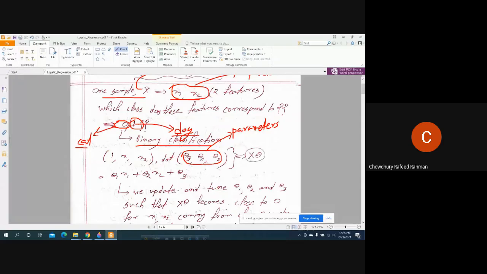Let us first understand what these things resemble. Suppose we are taking the dot product of x1, x2, these two features, and 1 with theta 0, theta 1, and theta 2. I am still not telling where I am getting these values from. I shall discuss this a little bit later. Suppose I already have these three values.